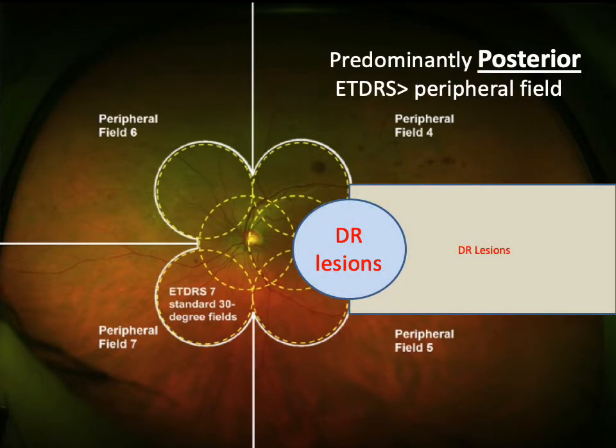Now, just to get the definitions clear, if you have more diabetic retinopathy lesions inside the ETDRS field than the lesions that you find in the periphery or the extended field, the eye is said to have a predominantly posterior distribution of diabetic retinopathy.